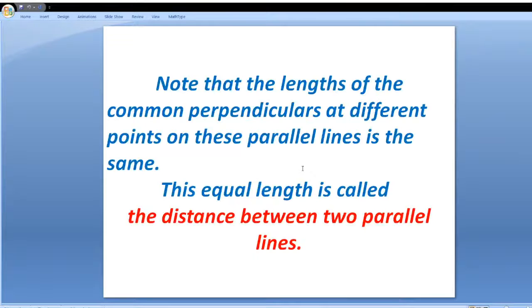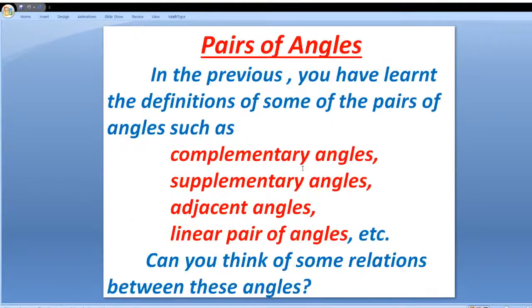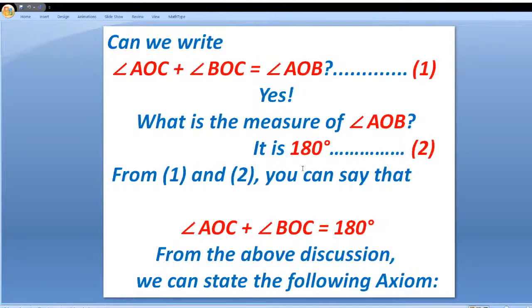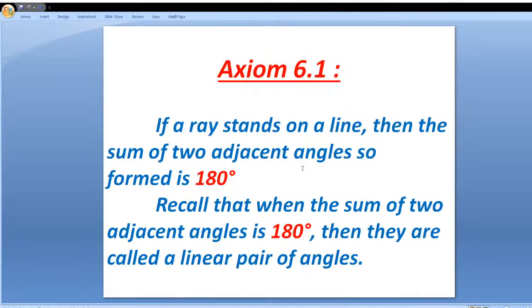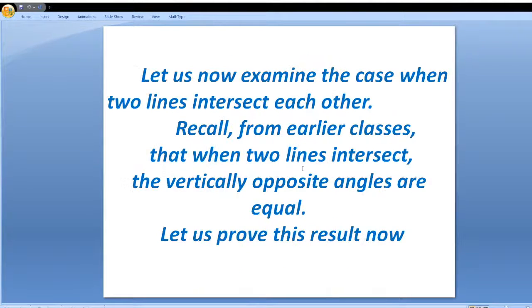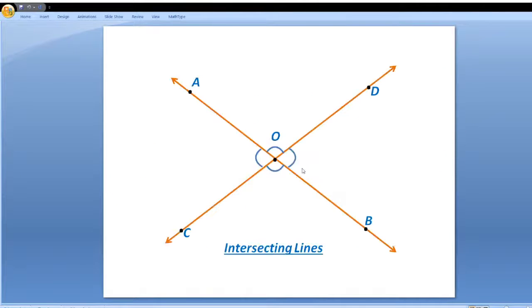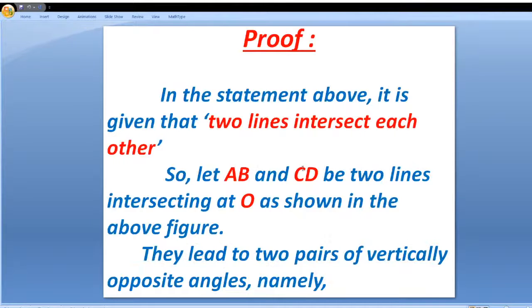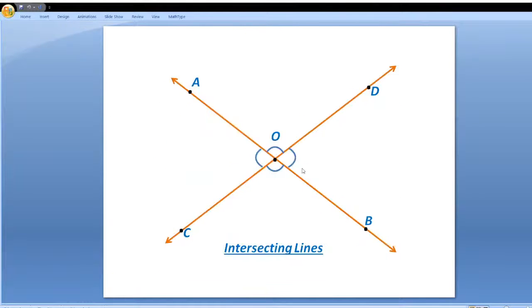Intersecting lines, non-intersecting lines, that means parallel lines, the distance between two parallel lines, and complementary angle, supplementary angle, adjacent angle, and linear pair of angles. So exam 6.1, exam 6.2, theorem 6.1, and theorem is with proof.